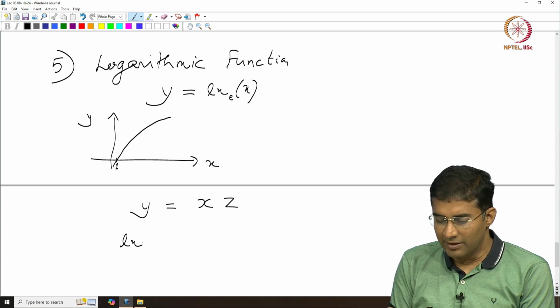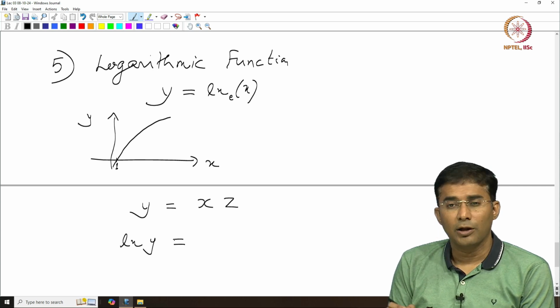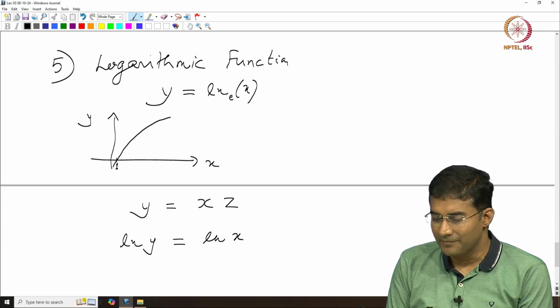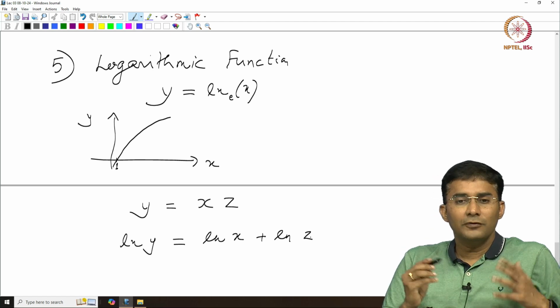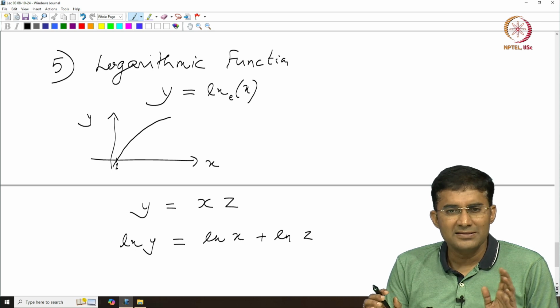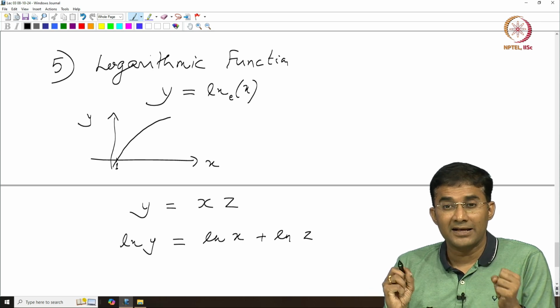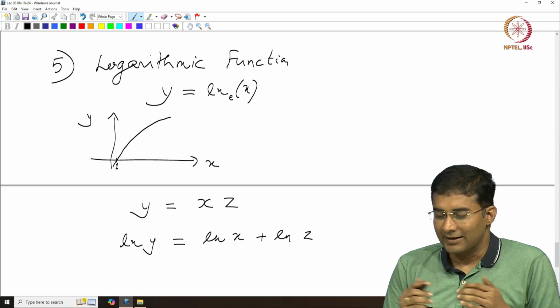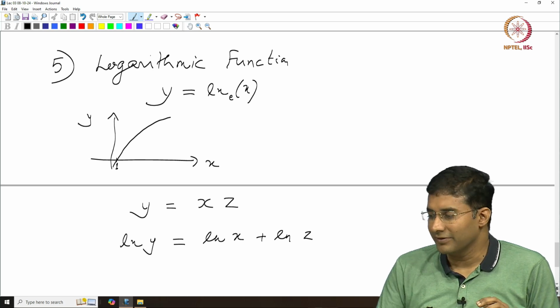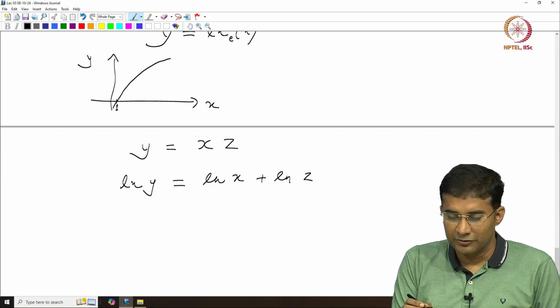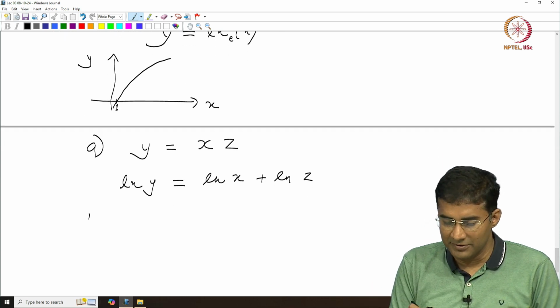If I take a logarithm of y, it turns out that the logarithm of a product of two things is basically a summation of the logarithms. So logarithm is a useful function because if I do not want to deal with variables x and y directly, and if I do not like the products, I can convert them to an additive process by taking logarithm on both sides. Okay. So this is one useful property of logarithms.